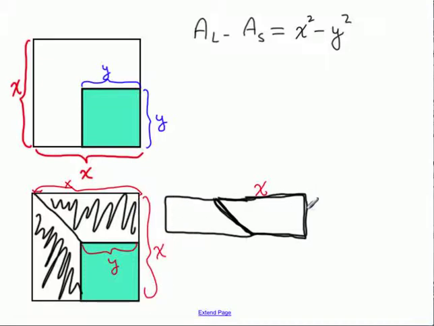This side length here is equivalent to this side length here. And this side length is going to be x, the total length of this entire side, minus y, this part here. So this side length here is x minus y. Fair enough. Similarly, this side length came from this bit here, and this bit here is y.